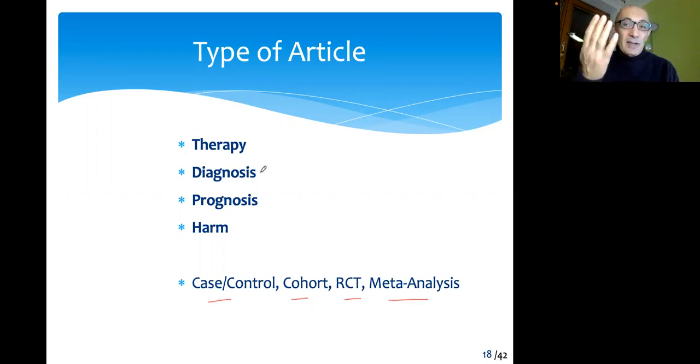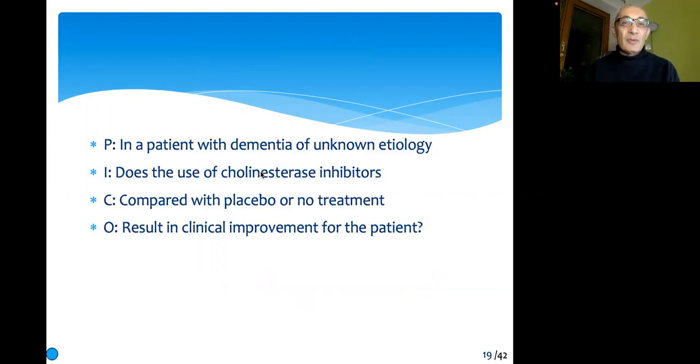And last time we mentioned we may have 4 objectives. Either we are dealing with therapy, diagnosis, prognosis, or harm studies. So if you include these components in your question, it becomes PICO-TT.